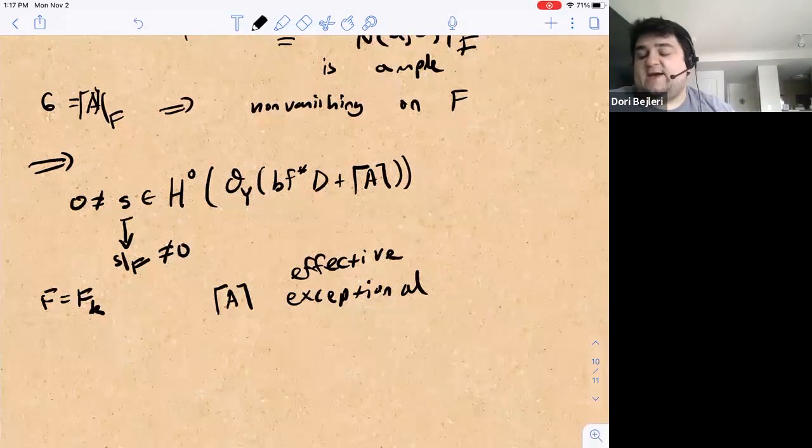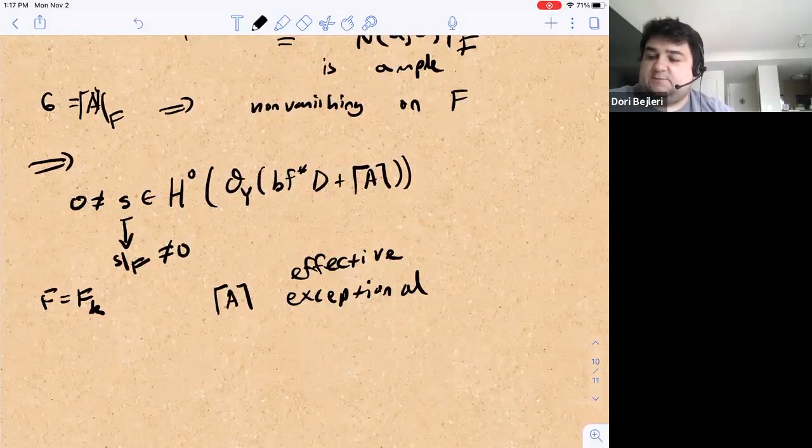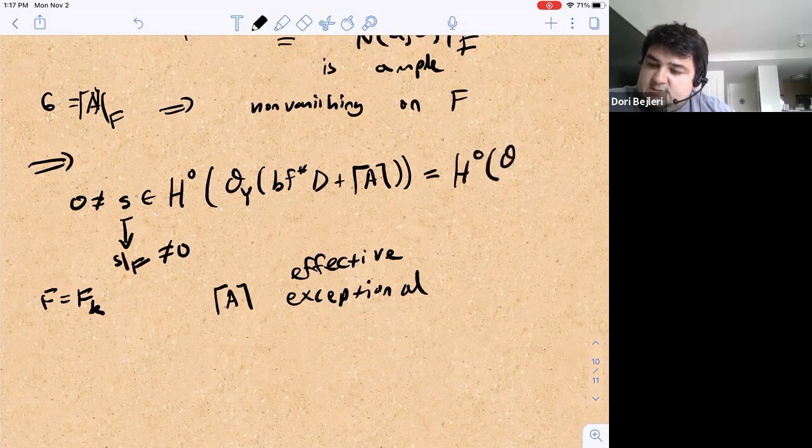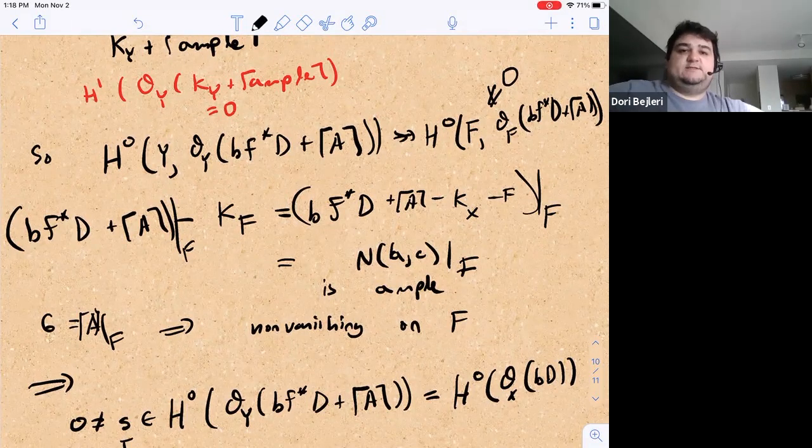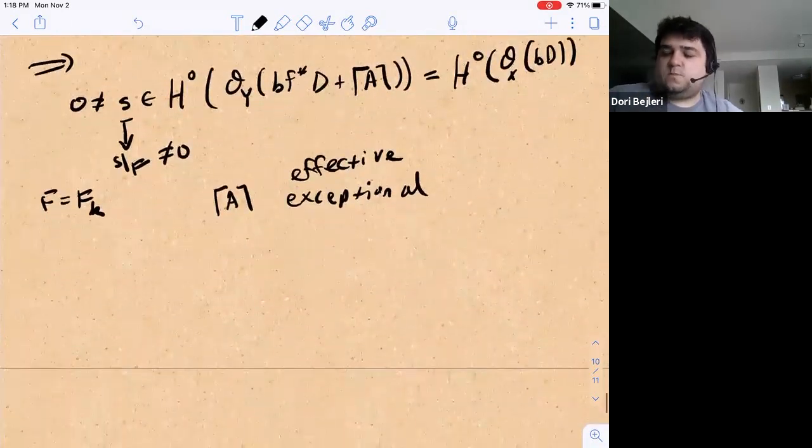So whatever this roundup of A is, it's actually exceptional. And so this is the same as H0 on X of BD. And so we found some section of B times D for an arbitrarily large B, right? This N of BC, we said this is true for any B and C that satisfy these inequalities, that C is greater than 0 and B is greater than CM plus whatever it was. So this is effective exceptional.